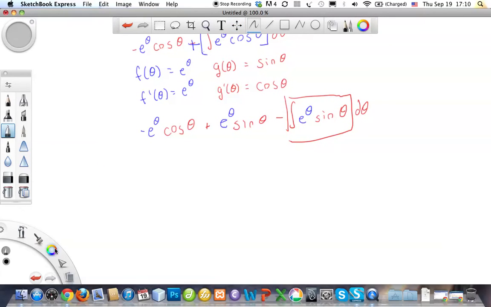We're going to get the integral of e theta times the sine of theta d theta is equal to all of this over here.